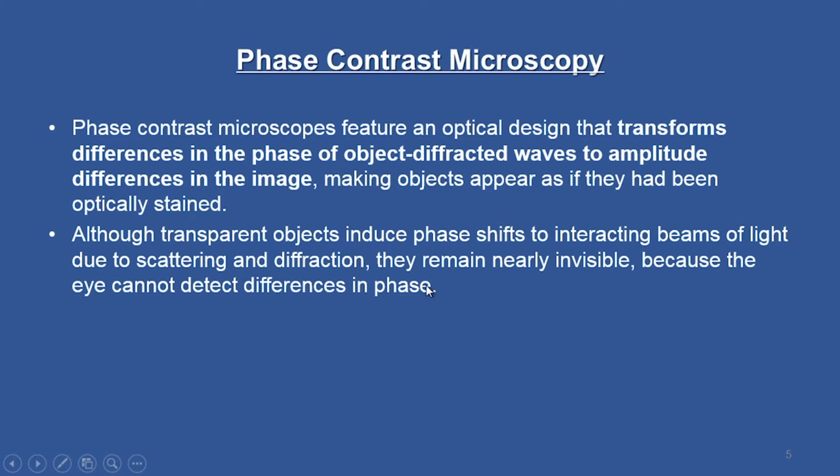So, this is a unique feature of this, that is why it is finding very extensive application in transparent objects, which induce phase shifts, very small phase shifts, and we will see how it can be manipulated.